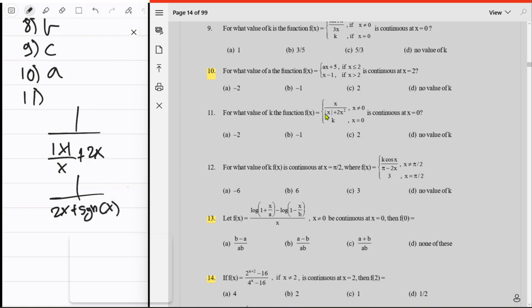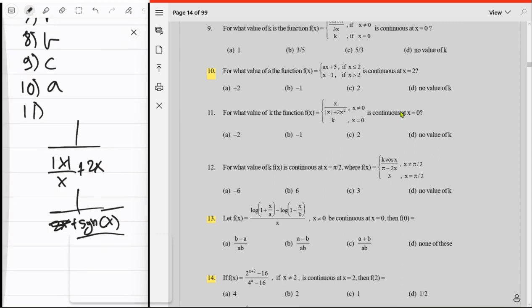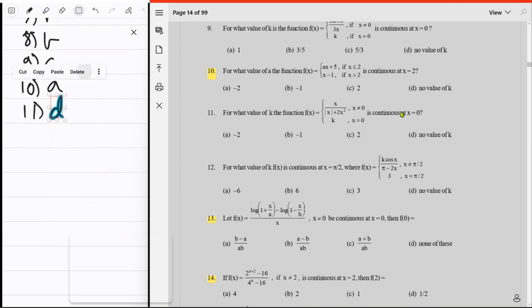So when x approaches 0, this approaches 0 in any case. And this is approaching 1 from one side and negative 1 from the other side. So it's not continuous. There's no value of k so that this would be continuous. 11th, D, because there's a jump discontinuity.